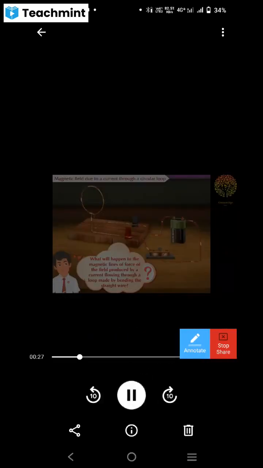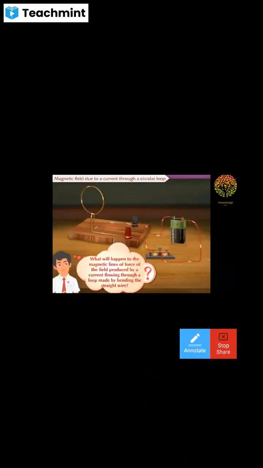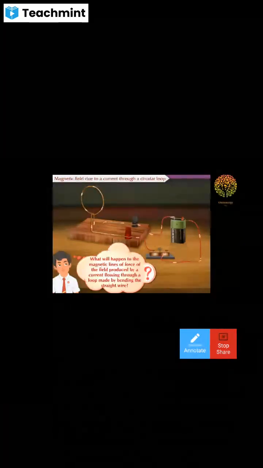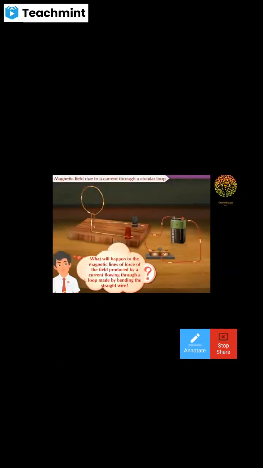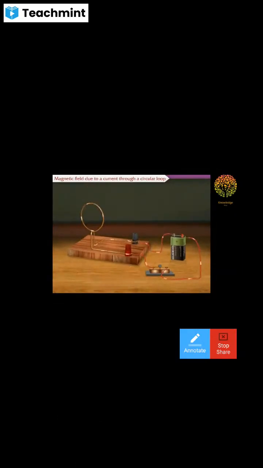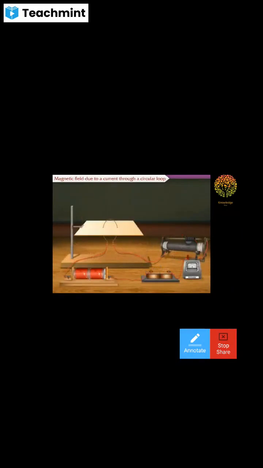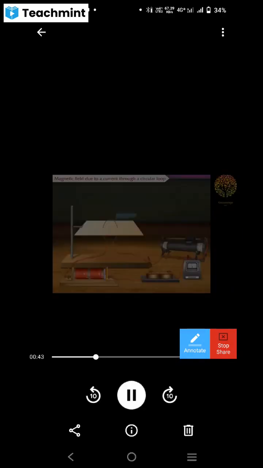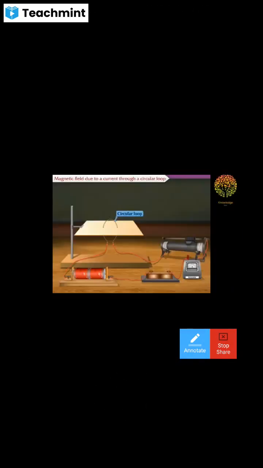See how the field lines are. This is the diagram we have drawn yesterday. See, iron filings are being poured, and current is allowed to pass.